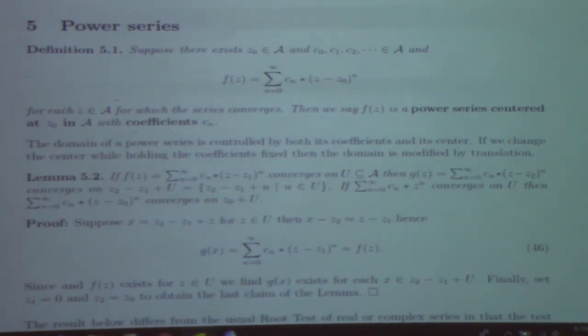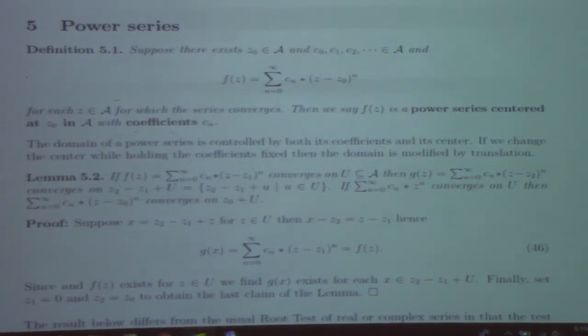And a lemma, of course: if you get that this thing converges on u, then you can define g of z like this to converge on z2 minus z1 plus u, right? So the point is that I can just take the domain of convergence and shift it around if I want.